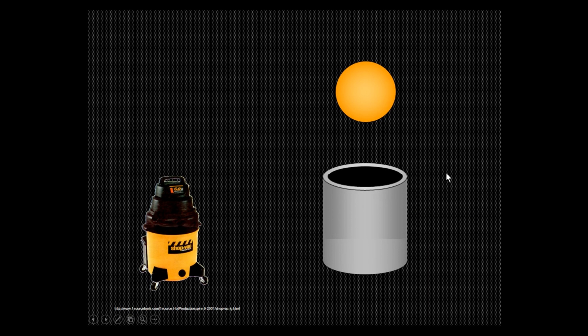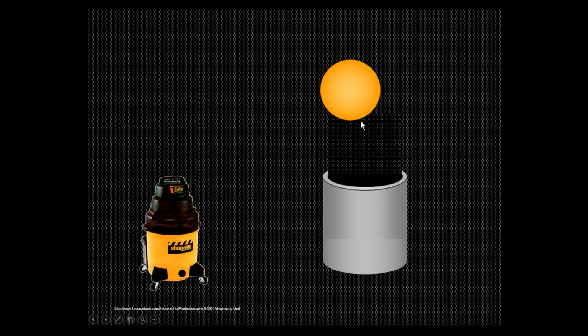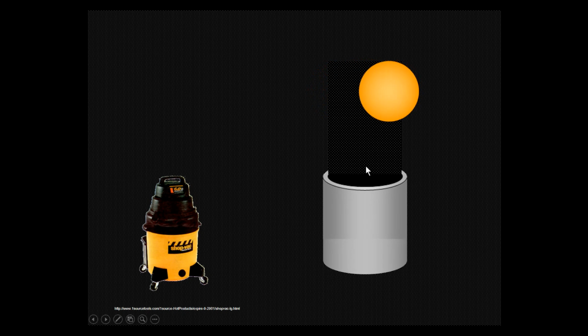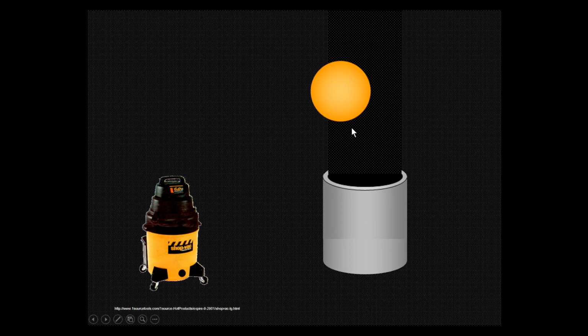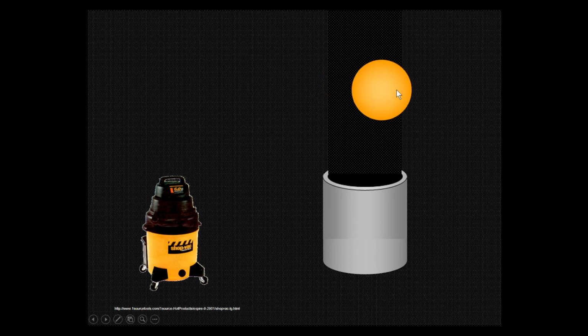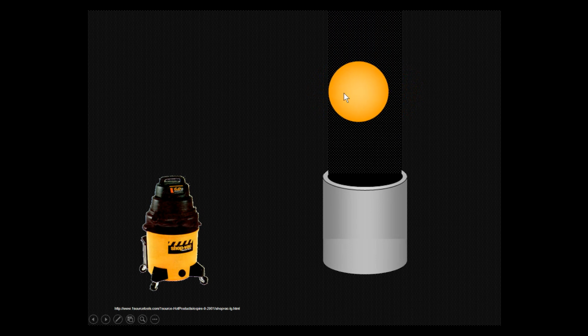You can take like a shop vac and the nozzle and a ping pong ball and blow air up like this. The air striking the bottom of this ping pong ball is what's holding it up. Gravity's pulling it down, but Newtonian forces are holding it up. But the ball will bounce back and forth like that.